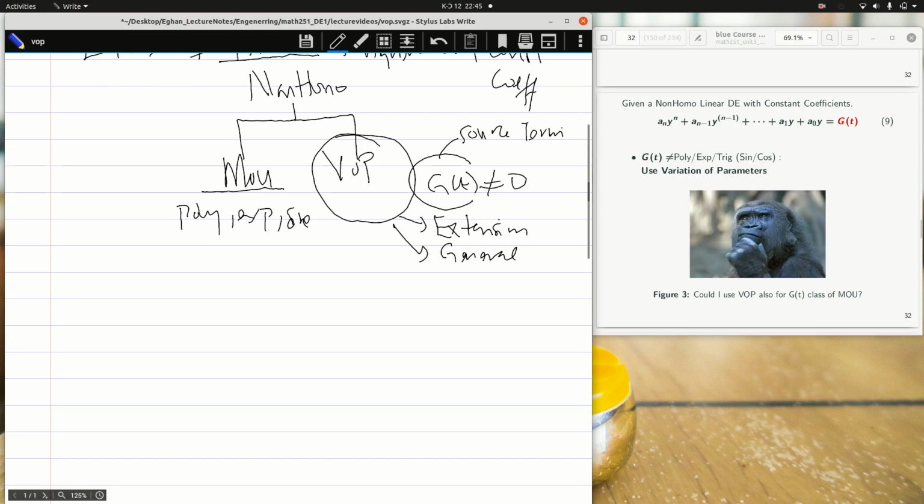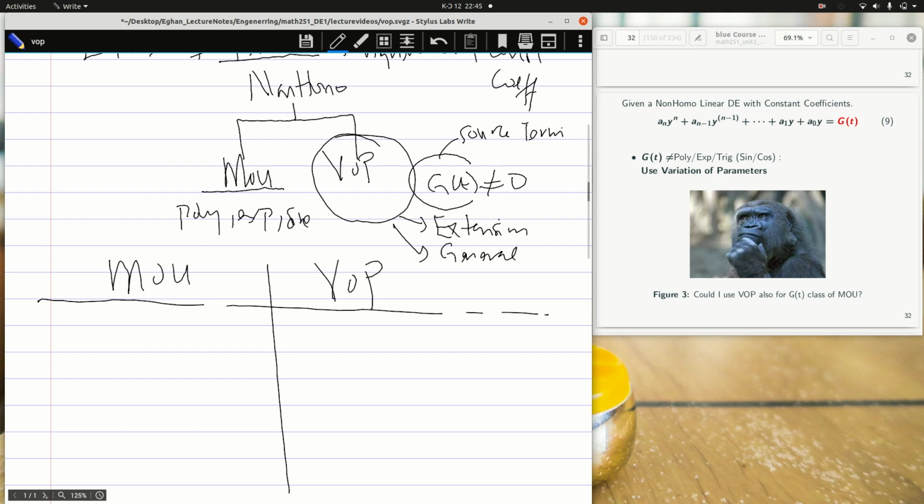Let's look at MOU and then VOP. We've already established the class of g(t)s. Now realize that we always want to have the homogeneous part, which means setting the differential equation to 0. The same thing for VOP: we always set the differential equation to 0 for the complementary solution.